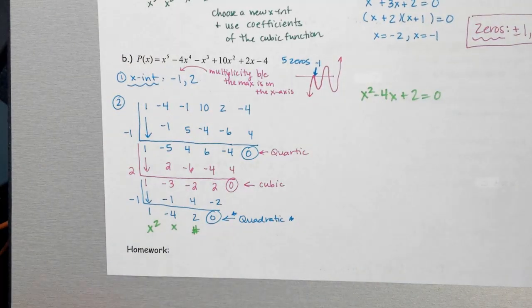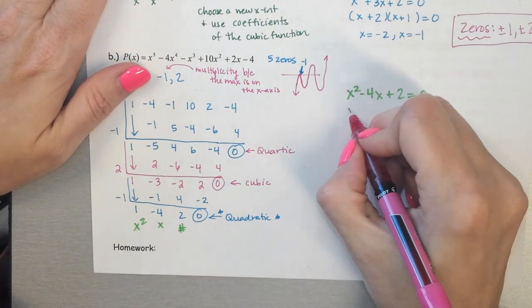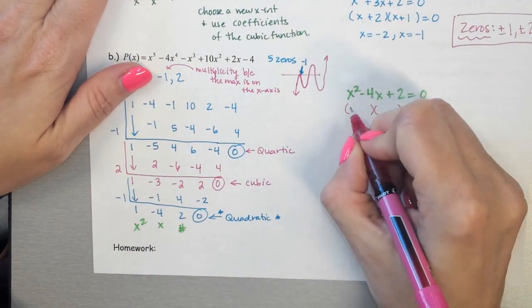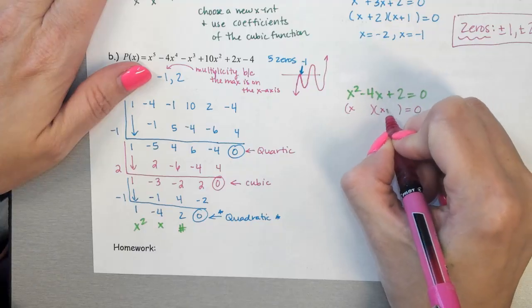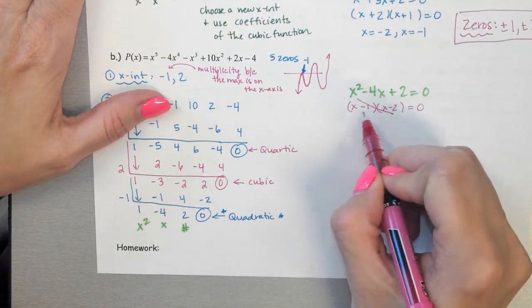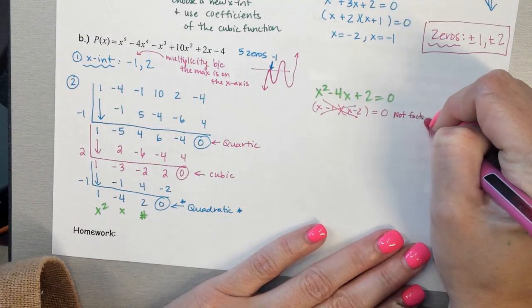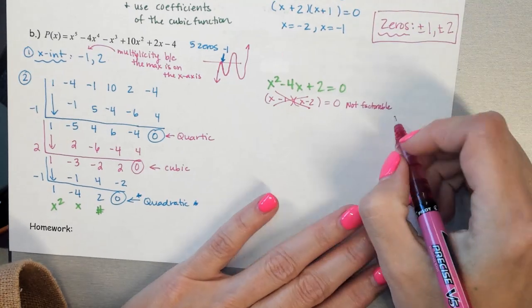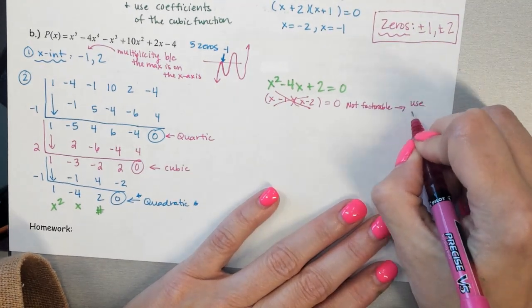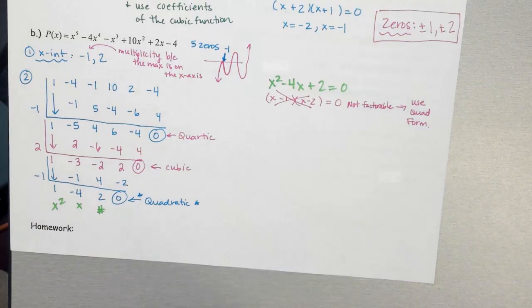If I tried to factor that, because that is a 2, right? The only thing I can make it is -2 and -1. Does that add to -4? No. Okay, so this is not factorable. So you're going to use the quadratic formula. You guys want me to write down the formula for you?